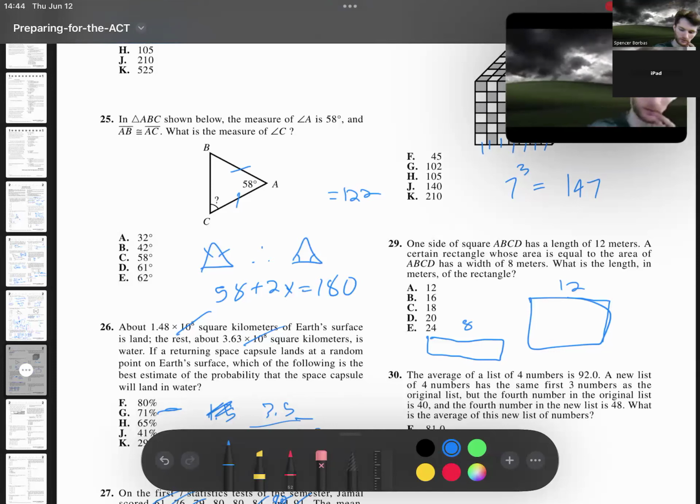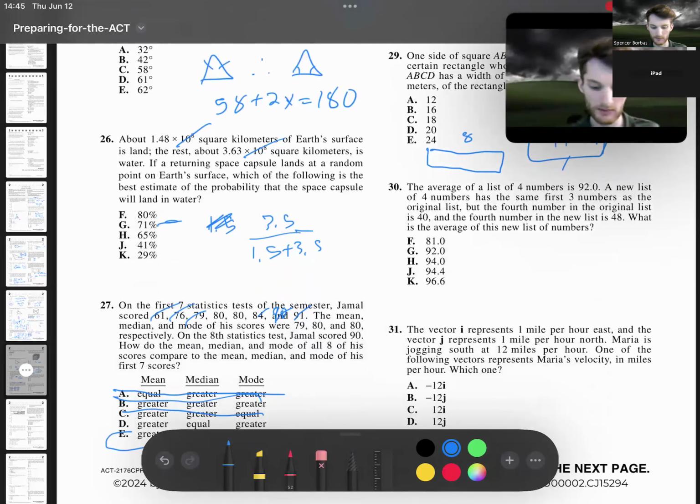All right, so it's 140. The area of this is 144 if it's a square, and I need to find a rectangle of similar area. 144 divided by 8 is 18. C. I gotta hurry up.